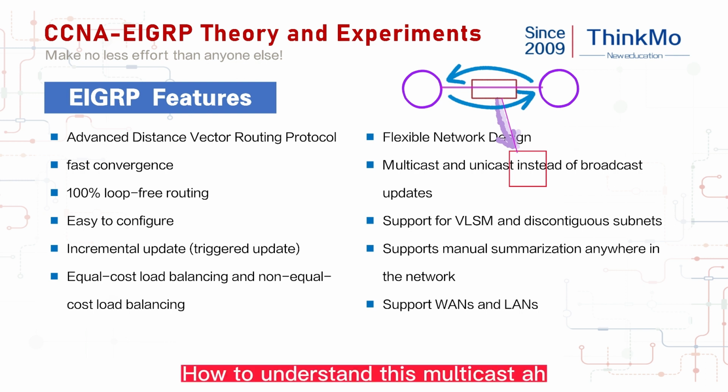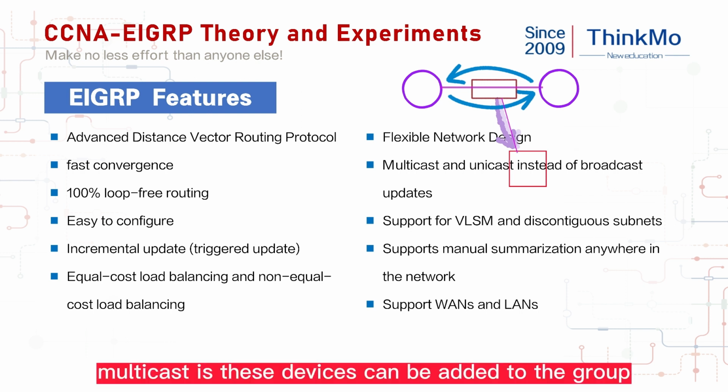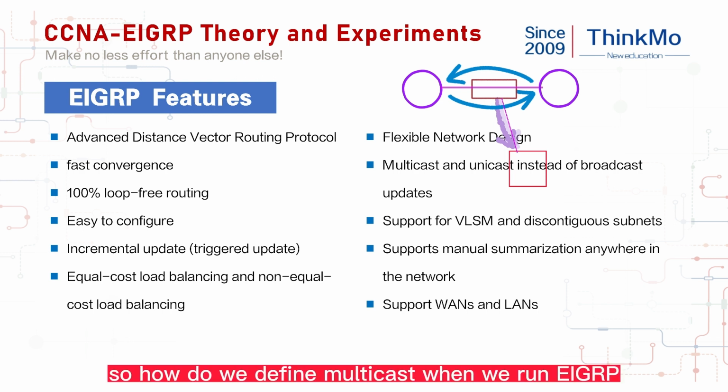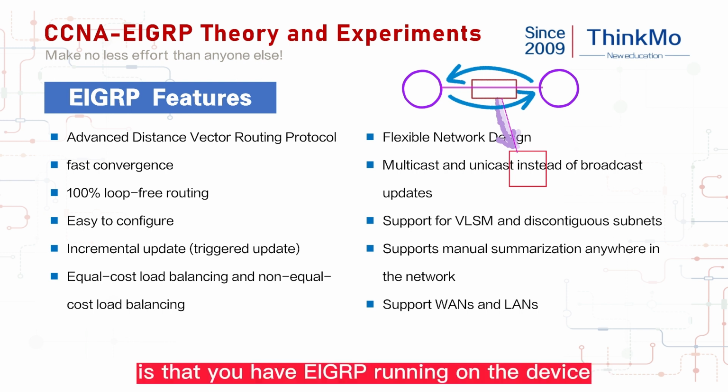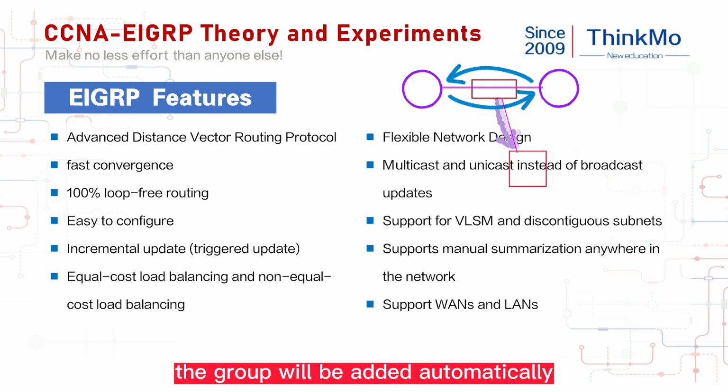How to understand this multicast? In fact, I told you briefly before. Multicast is where these devices can be added to a group before communication. So how is multicast defined when we run EIGRP? It is that you have EIGRP running on the device, and after the declaration is completed, the group will be joined automatically.